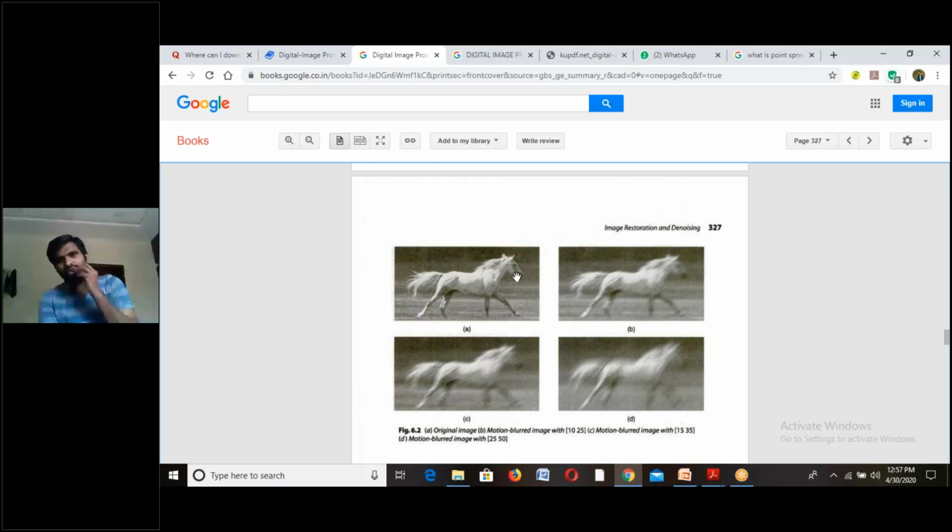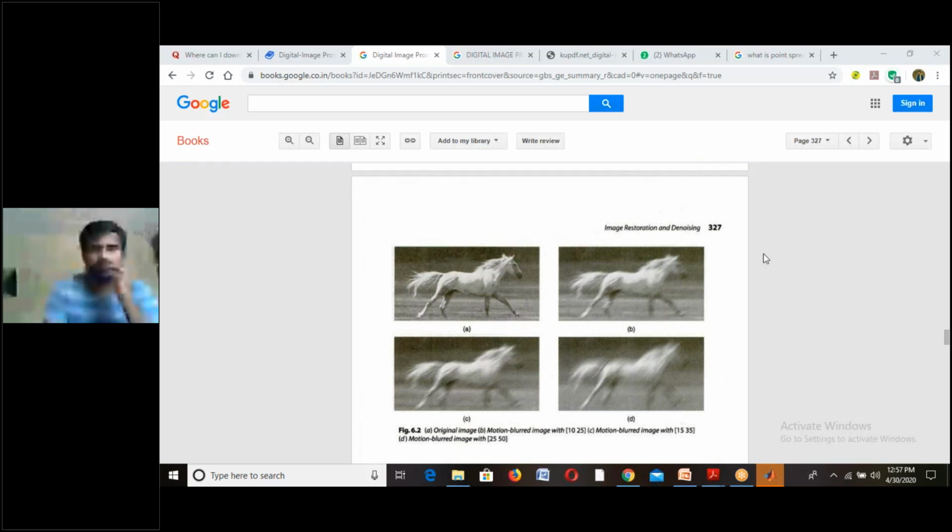And virtually, you can generate this particular image. For example, if I would like to check the inverse filtering operation from the virtual image, I can even generate the motion blurred image. I do have the code for generating a motion blurred image. So it is called a motion blurred image.